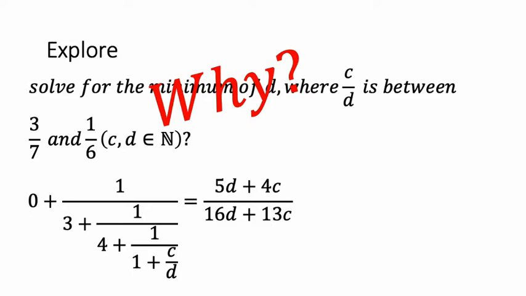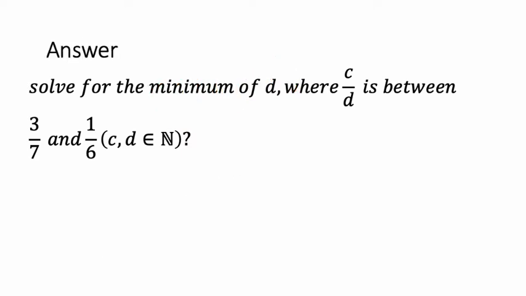This means that d plays an important part in this whole fraction. Also remember that Farey sequences place fractions in an ascending form. This means when we get the minimum of d, we'll also find the minimum of c. So the answer for this question is to find the minimum of d, where c over d is between 3 over 7 and 1 over 6.